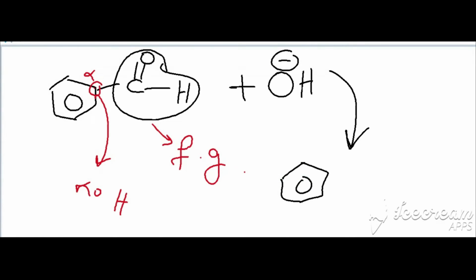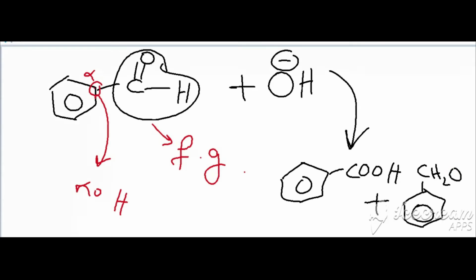Two different products are obtained. In the first product, benzaldehyde is oxidized, and benzoic acid is obtained, and in the second product we obtain alcohol.